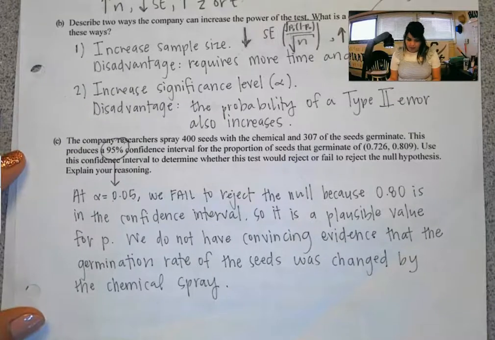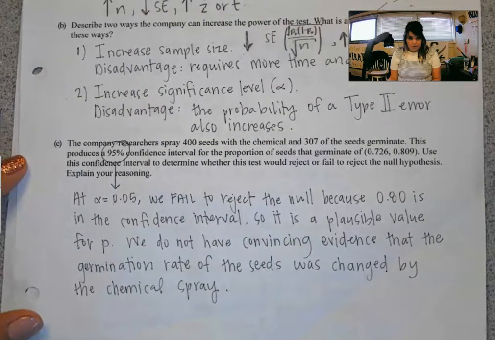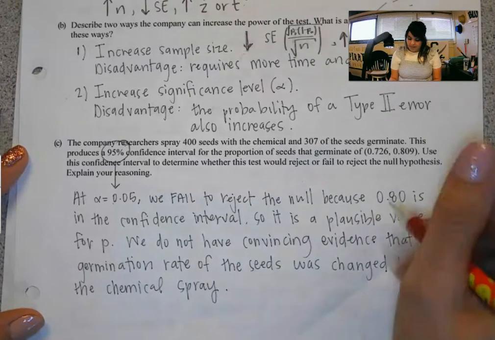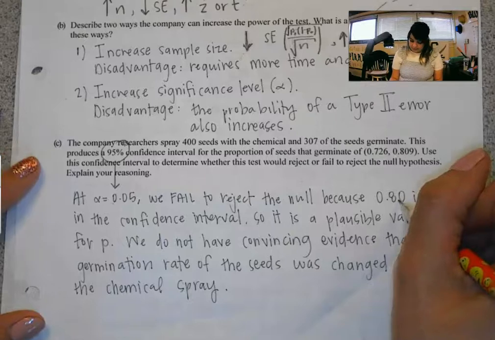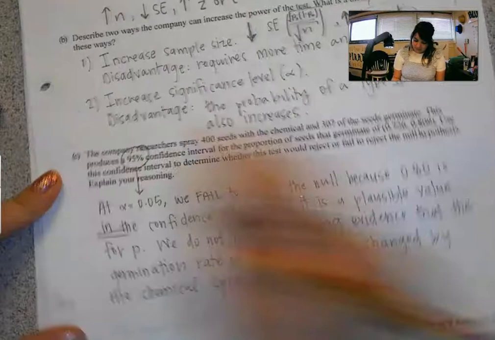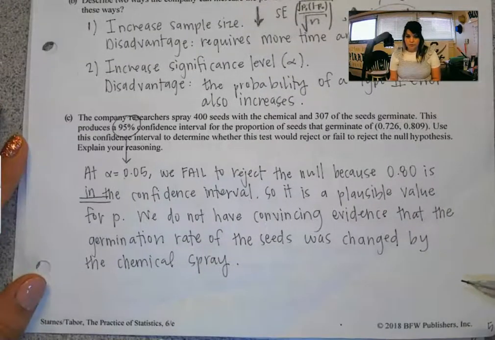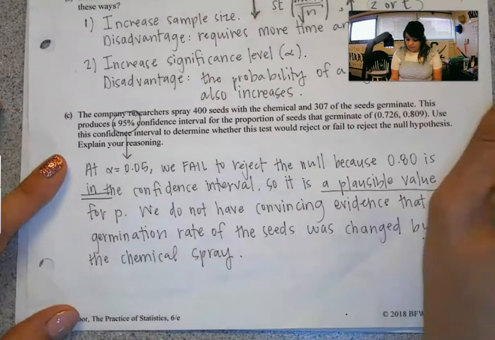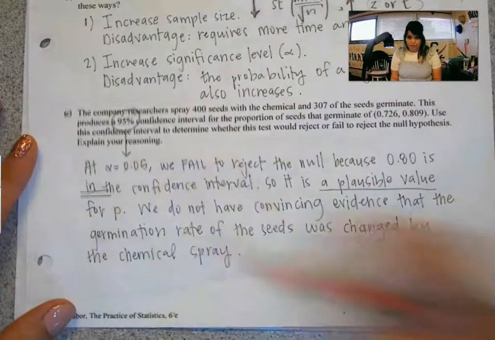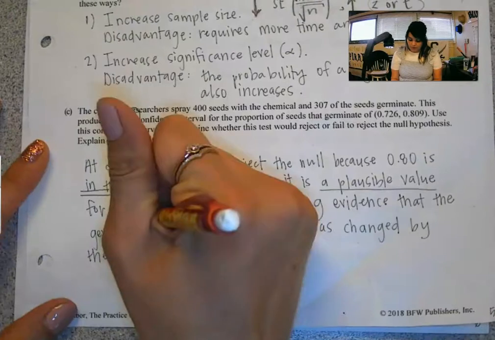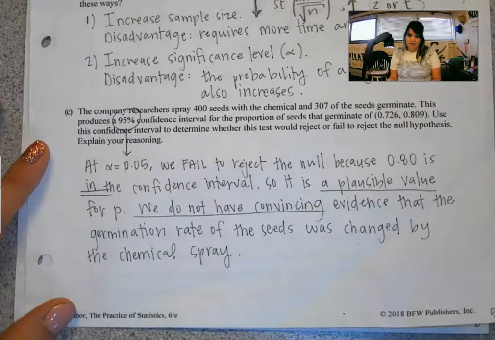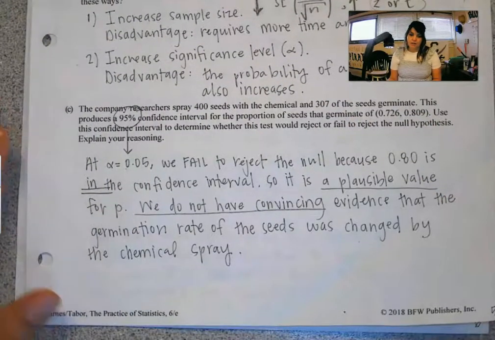So at alpha equals 5%, we fail to reject the null because 80% is in the confidence interval. So it is a plausible value for p. We do not have convincing evidence that the germination rate of the seeds was changed by the chemical spray.